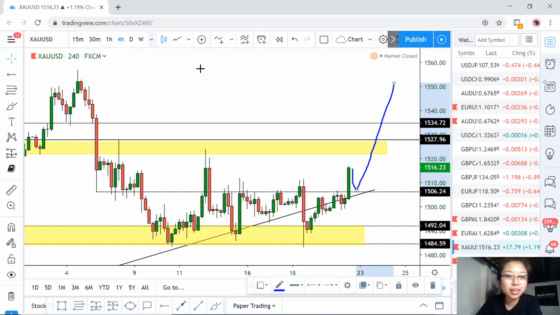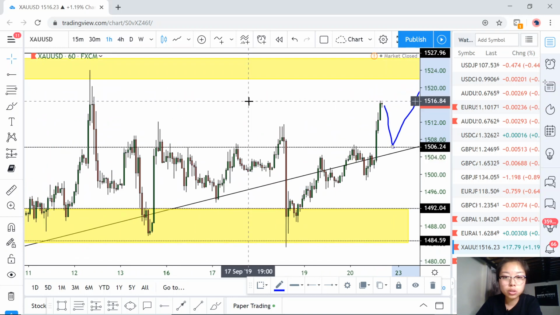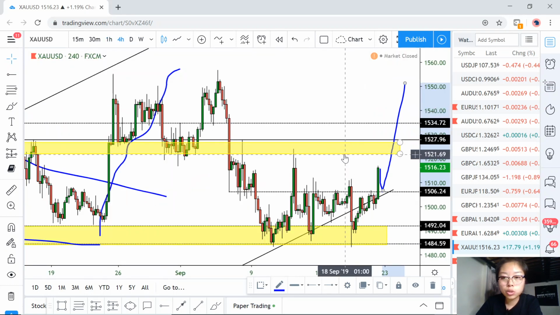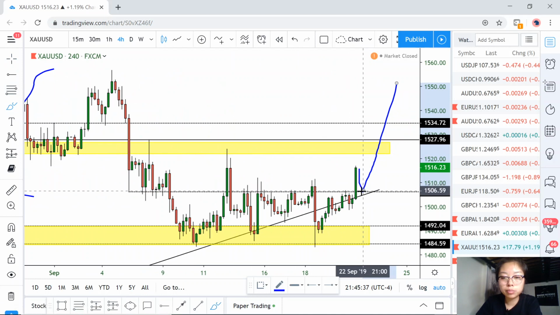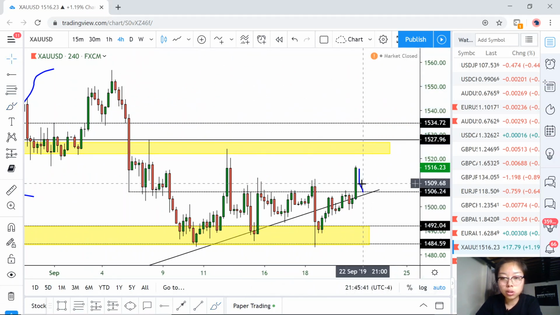Let's see. So next scenario, short scenario. Short scenario is this zone holding, which is the 1520 zone. It is holding in a short scenario. Let me just erase this long scenario. So that's a long scenario.